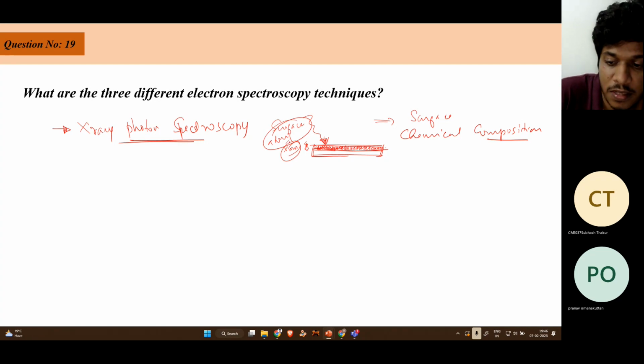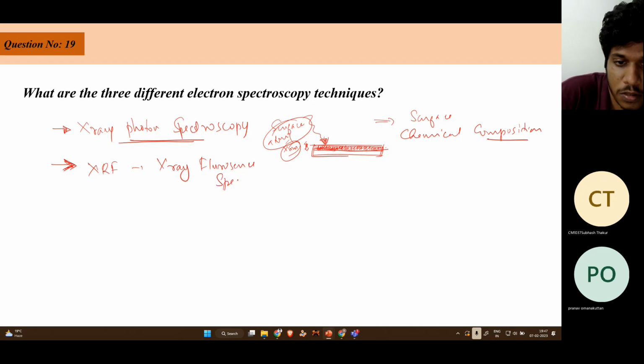Okay, the other technique that is being regularly used is X-ray fluorescence spectroscopy, called XRF. This is in a way similar to XPS, but here we deal with the bulk material.